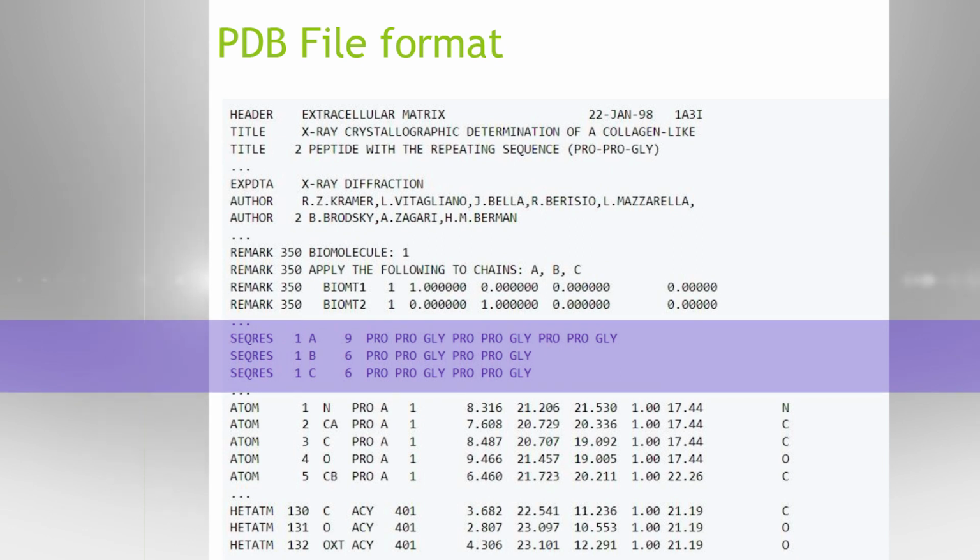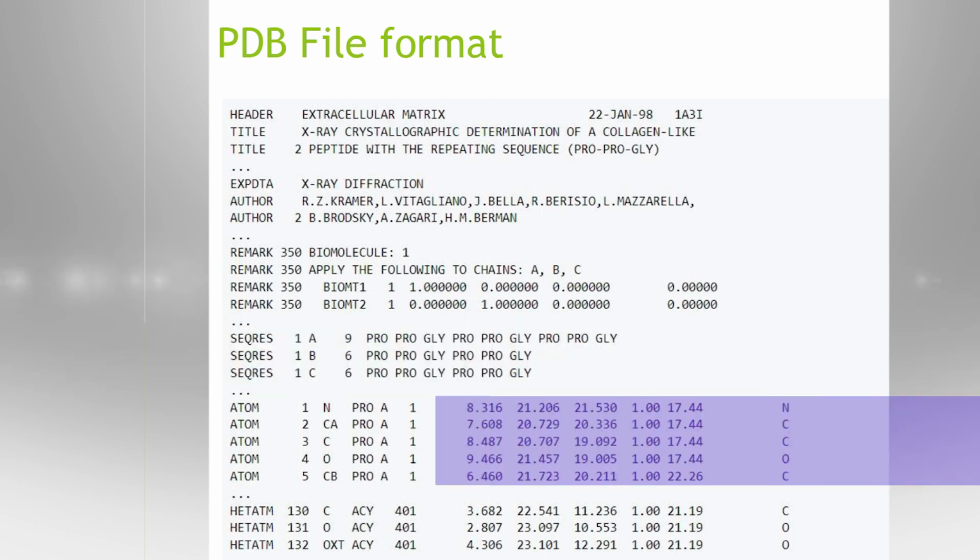Sequence records give the sequence of the 3 peptide chains named A, B and C, which are very short in this example, but usually consist of multiple lines. Atom records describe the coordinates of the atoms that are part of the protein. For example, the first atom line above describes the alpha N atom of the first residue of peptide chain A, which is a proline residue.